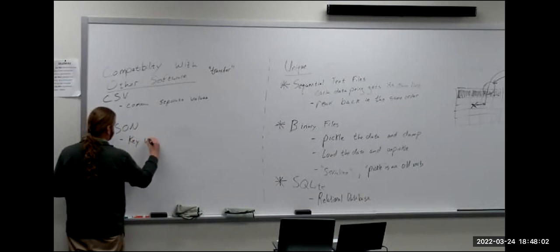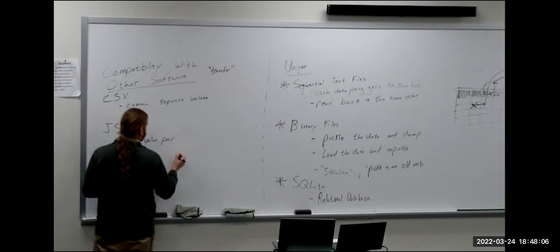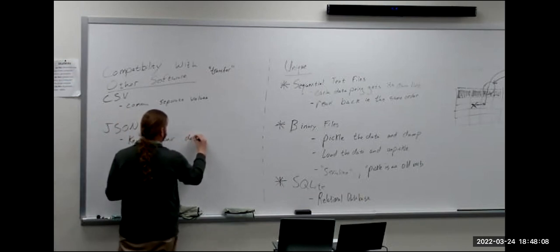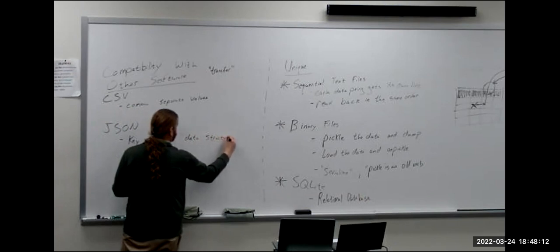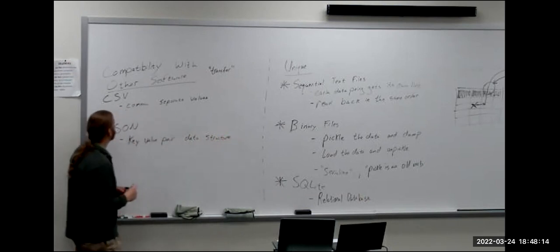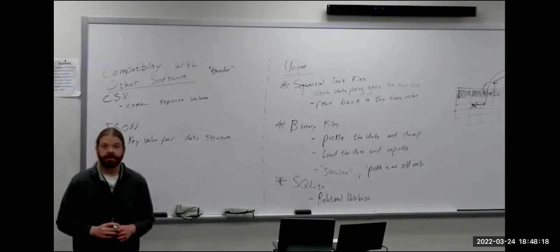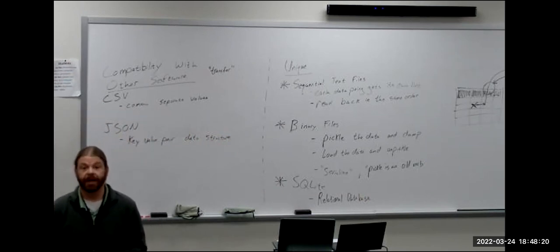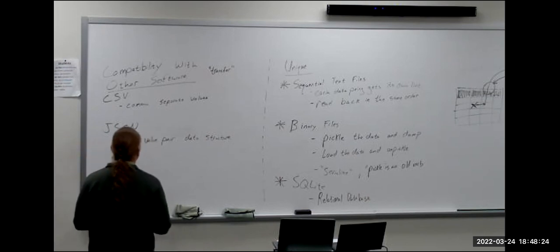Key value pairs. Key value pair data structure. And most of our programming languages can work with it. So software written in most of our programming languages can work with it.